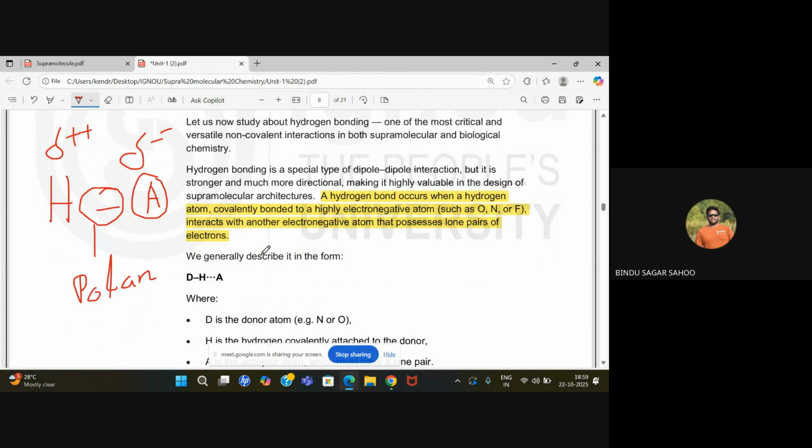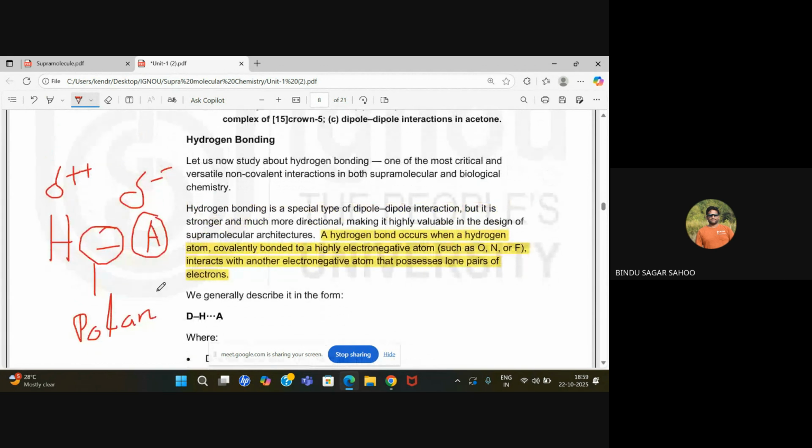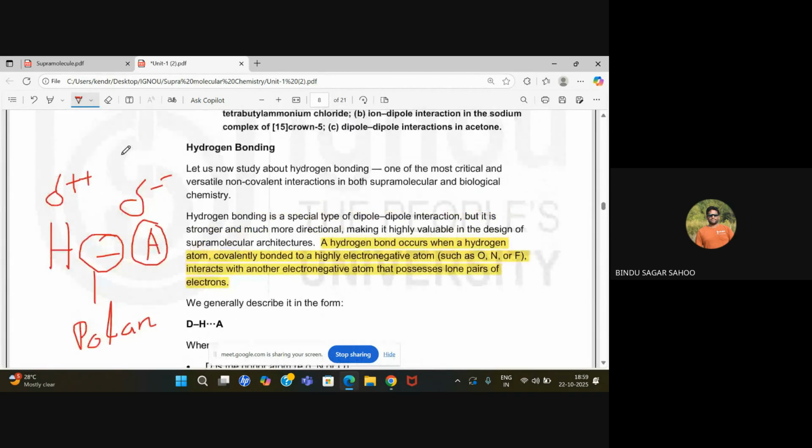When it interacts with highly electronegative atoms, these bonds will be more polar. When these bonds are more polar, one center will be a positive center and the other will be a negative center, this will be positive and this will be negative.